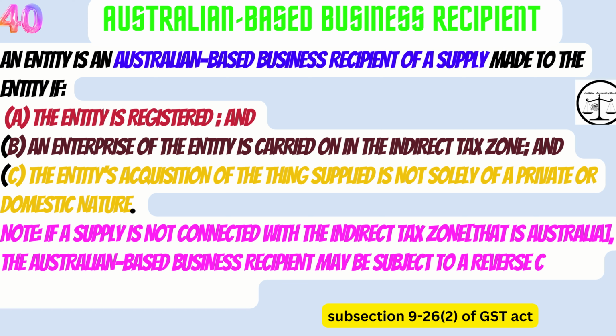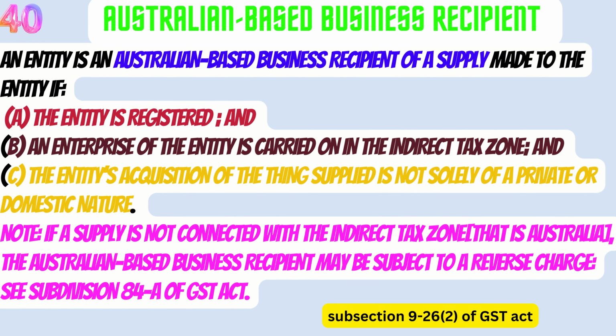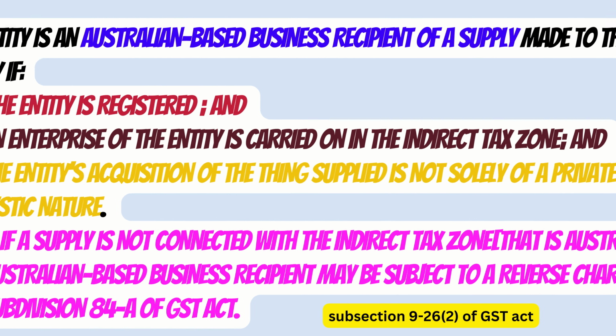Note: if a supply is not connected with the indirect tax zone, that is Australia, the Australian-based business recipient may be subject to a reverse charge. See Subdivision 84-A of the GST Act.